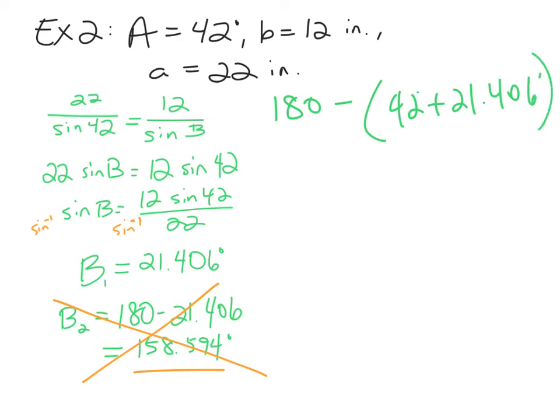When we actually perform that, 180 minus 42, and then minus another 21.406, that's going to give us a third angle. So this angle C is equal to 116.594 degrees.